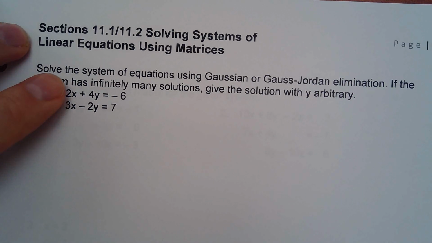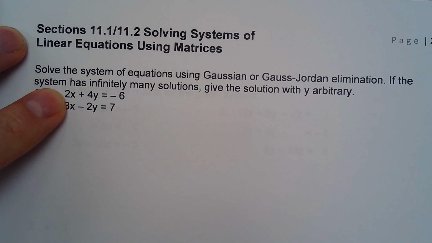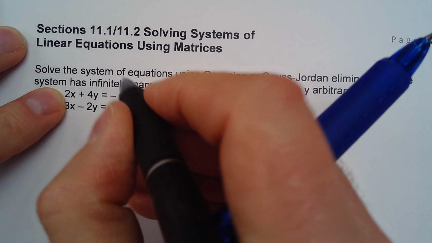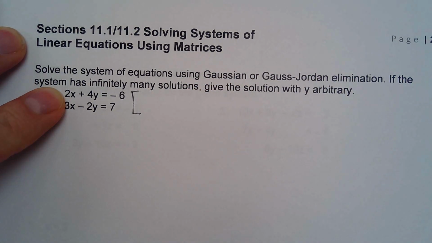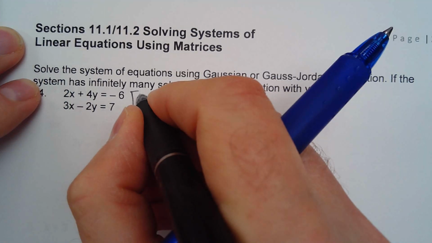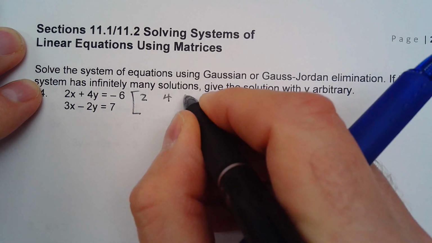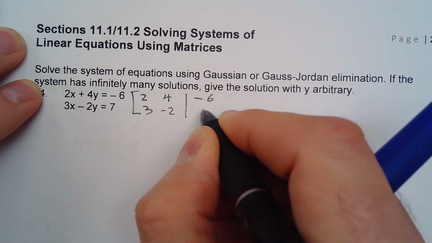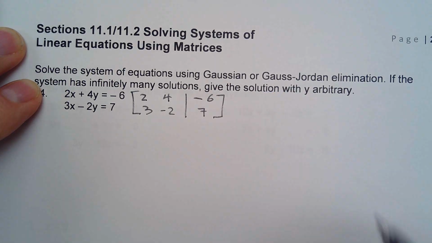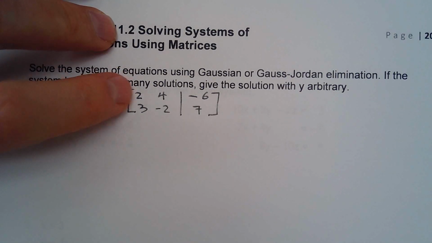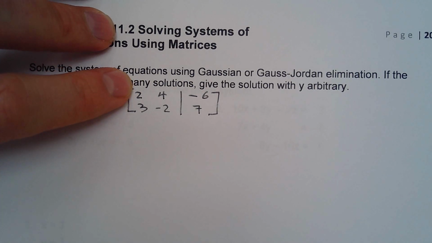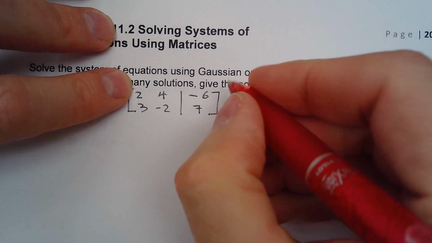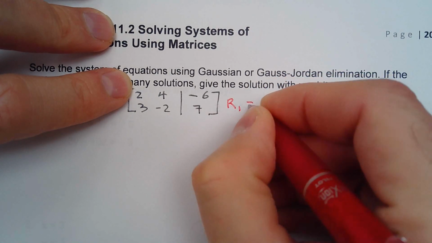It's going to be easier to work with that first row as is. So first step, I'm just going to go ahead and write the matrix. It's already in standard form. And remember, the first step, in the top left corner, I need to get 1. So I'm going to take row 1 and divide it by 2.